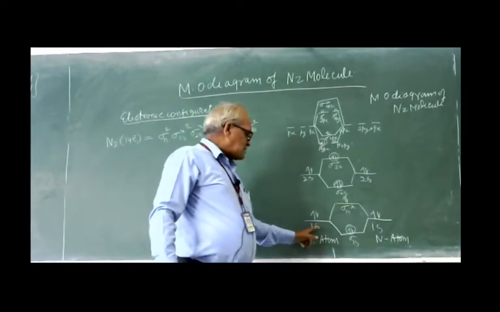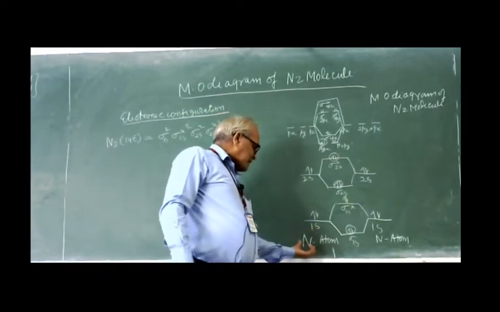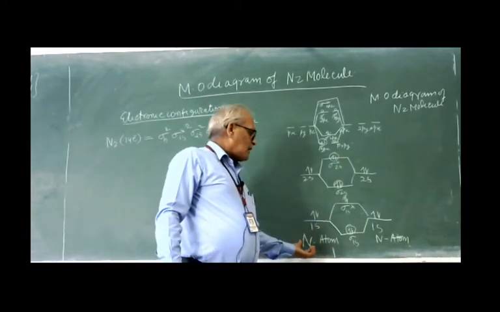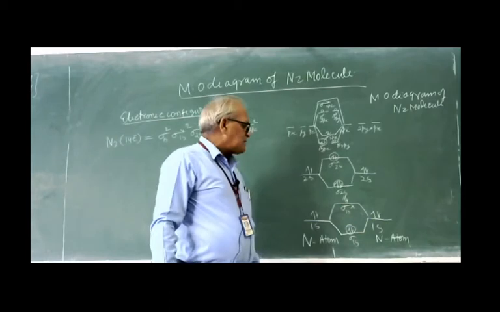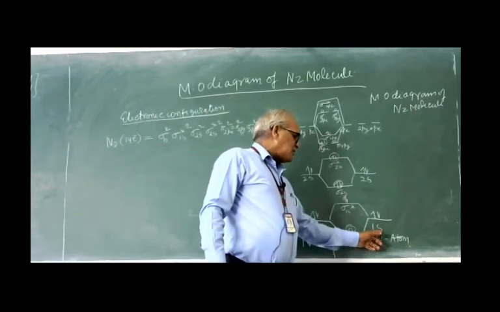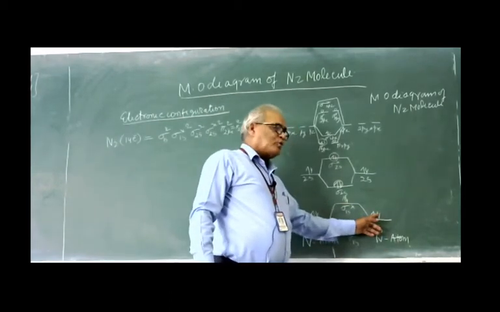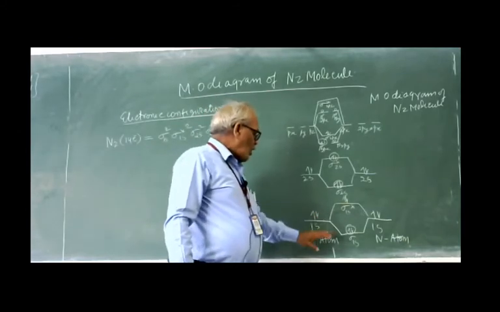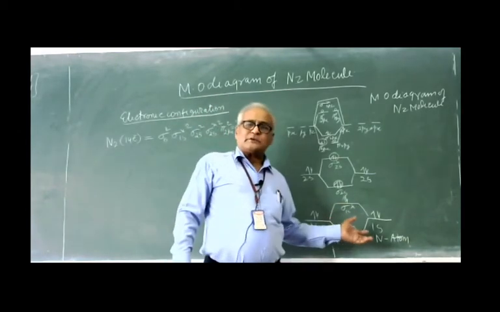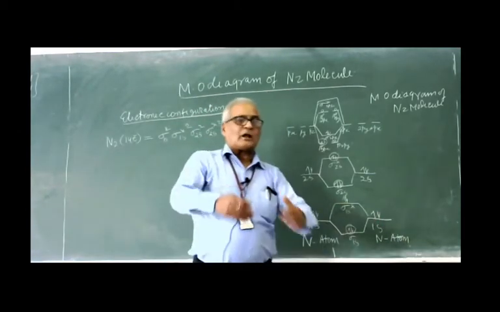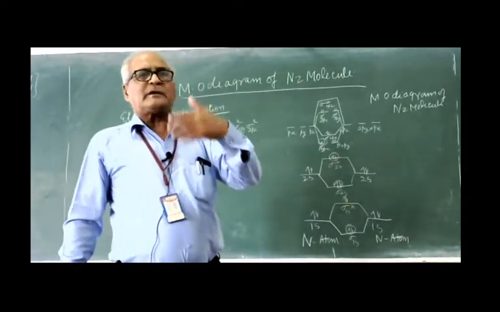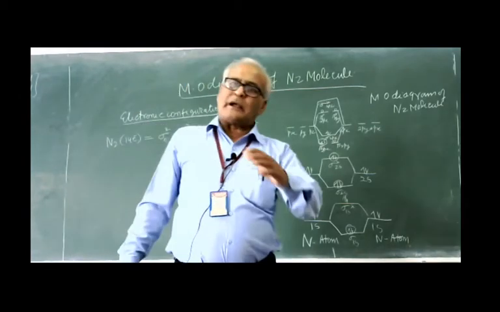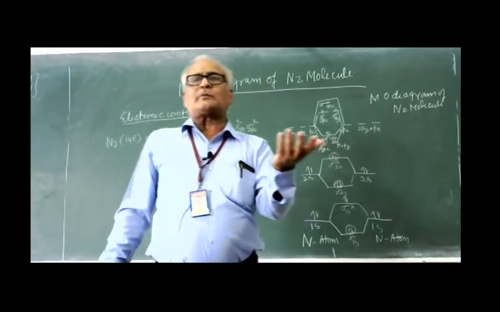This is one nitrogen atom, this is the second nitrogen atom, and the 1s orbital of each atom contains 2 electrons. When the 1s atomic orbital and the 1s atomic orbital of another nitrogen atom overlap together forming the molecular orbitals, a bonding and an anti-bonding molecular orbital will be formed.